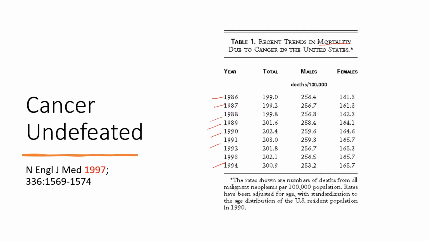So they were very concerned about why this was happening: rather than trying to inhibit or stop the cancer, we were actually losing the battle, and the cancer was undefeated. I'll share this article with you, and you can read it; there were a lot of things lacking in the research.